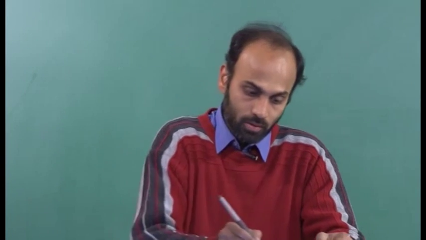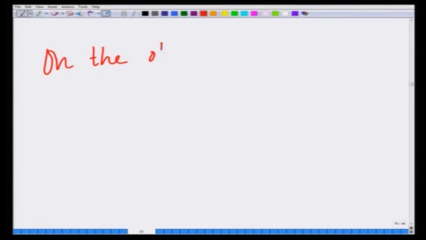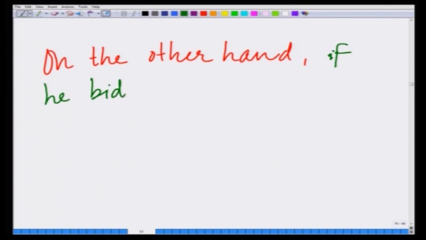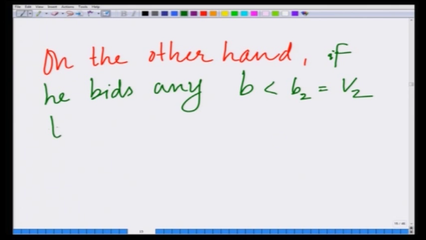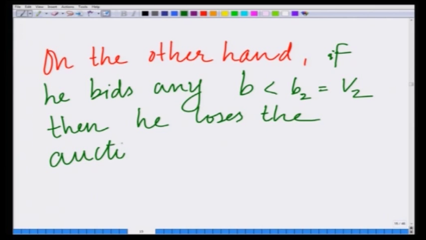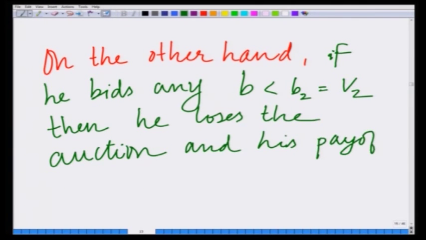On the other hand, if he bids any B which is less than B2 equals V2, then he loses the auction, and his net payoff is 0.